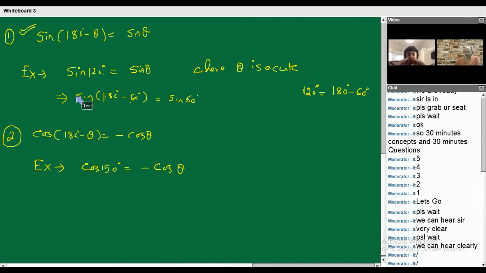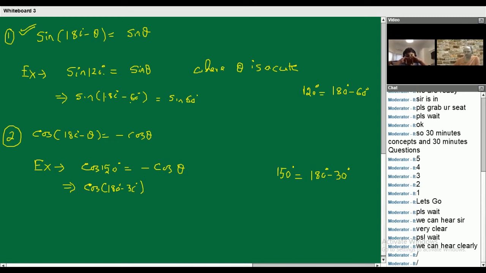It will be cos of 180 minus 30. First we have to see the left hand side, here it is 150 degree. Cos 180 degree minus 30 degree is equal to cos 150 degree.